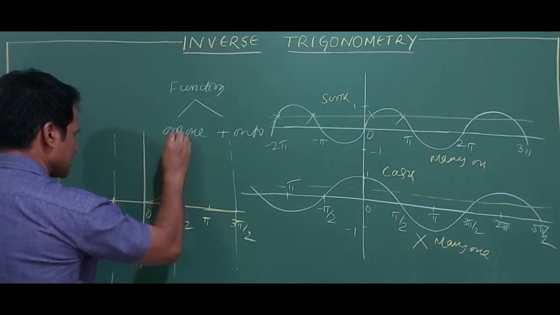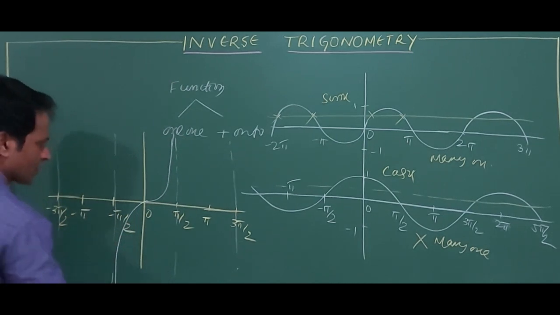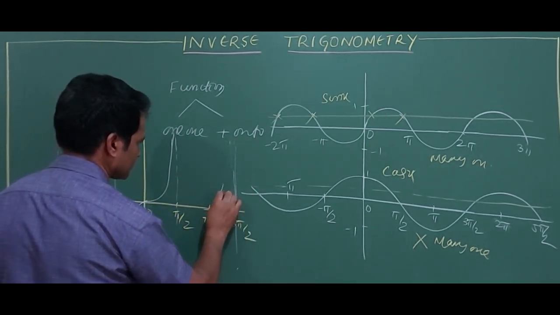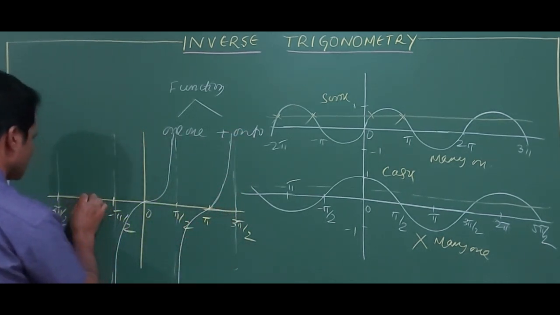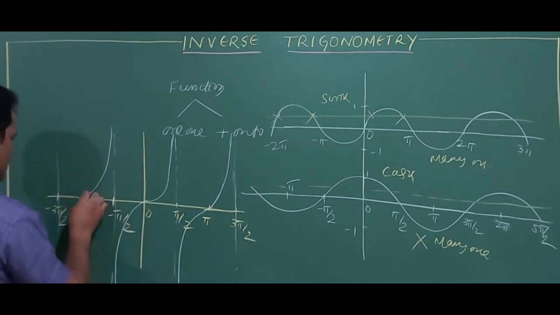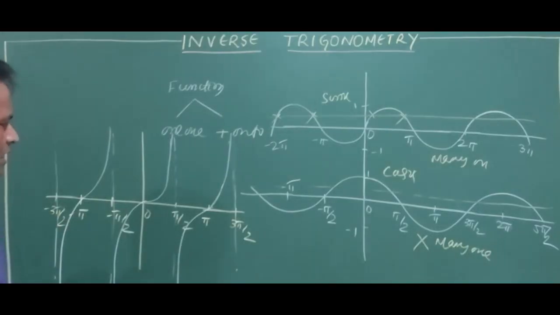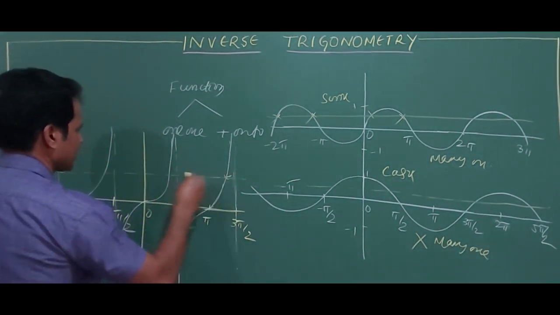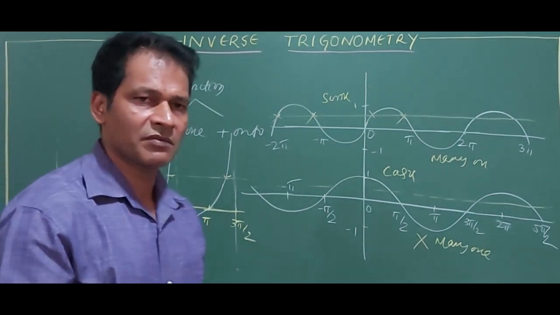It is not going to touch this line, but it becomes parallel. This side also it becomes parallel. Similarly here as well, and this side also. Here you can see the graph of tan x. If I draw a line parallel to the x-axis, you can see how many points it is cutting: more than 1 point. So this is also not 1-1, this is many-one.